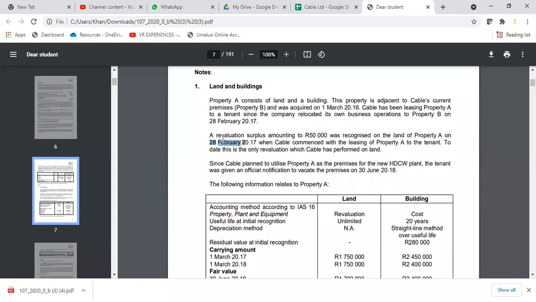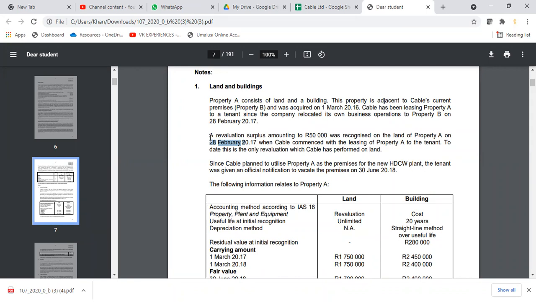Because it went from PPE to investment property, when you do that transfer you first need to recognize the asset in terms of the original standard, which was PPE.